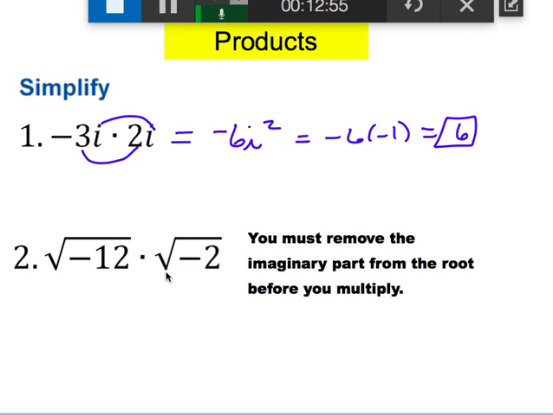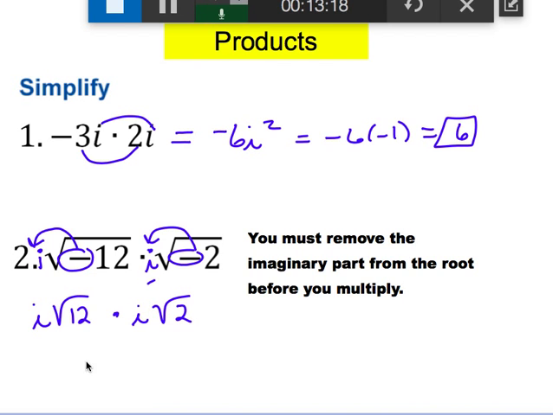But when you do a problem like number 2, before you can multiply, you can't just say negative 12 times negative 2 is positive 24, because you have to remove the imaginary part first. So the shortcut is, if it's a negative under the square root, you simply remove that negative, and that's going to be an i. So really it's i square root of 12 times i square root of 2, which gives you i squared square root of 24.